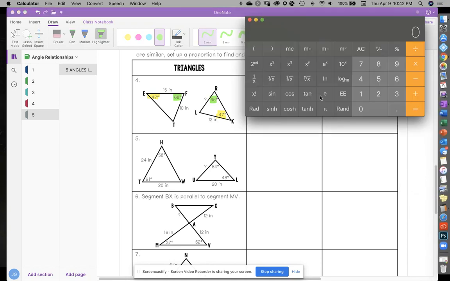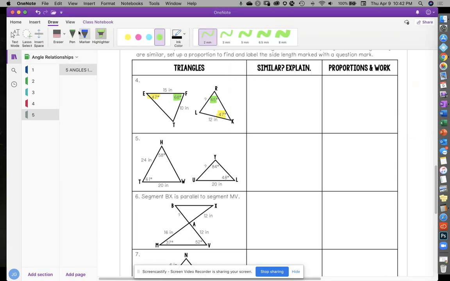That's the fastest way to check to see if they're similar. So I'm going to say 47 plus 68 plus 65. Okay, great. So this does equal 180, which means this value here is 65 and this value here is 68. So right away, we're going to say yes, and you can say because the angle measures are the same.